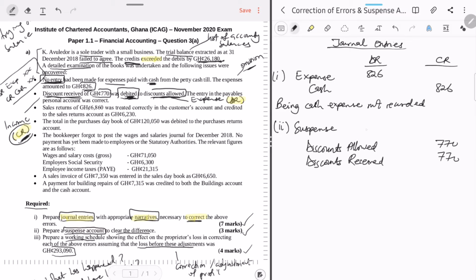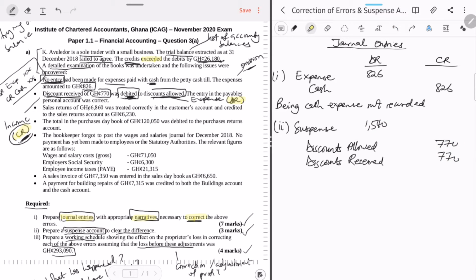Then it means that my suspense will be 1,540. Because don't forget that every day your credit balances should equal your debit. So if it's 770 here, then times 2 should go to my suspense account.